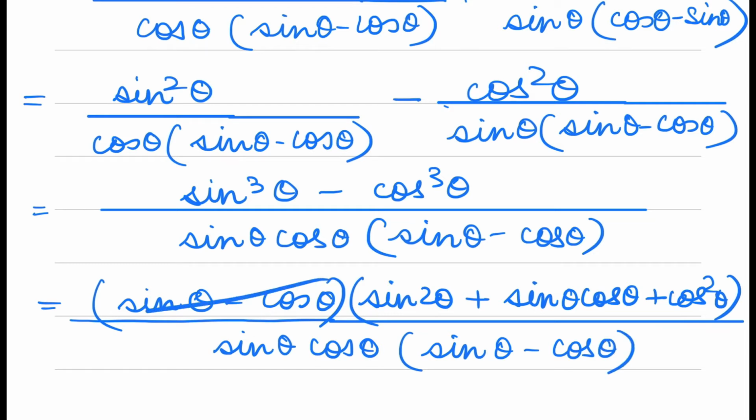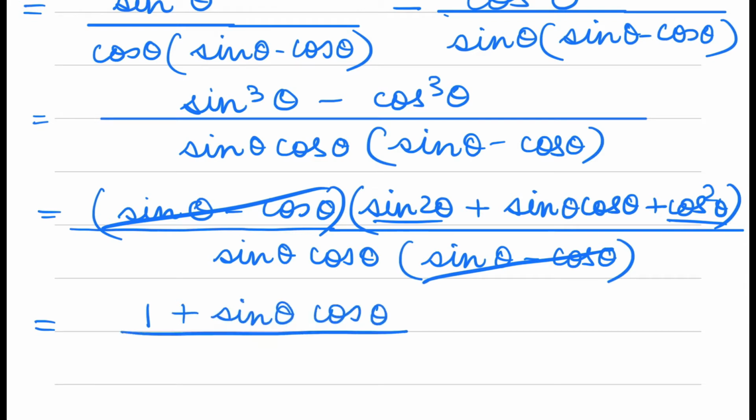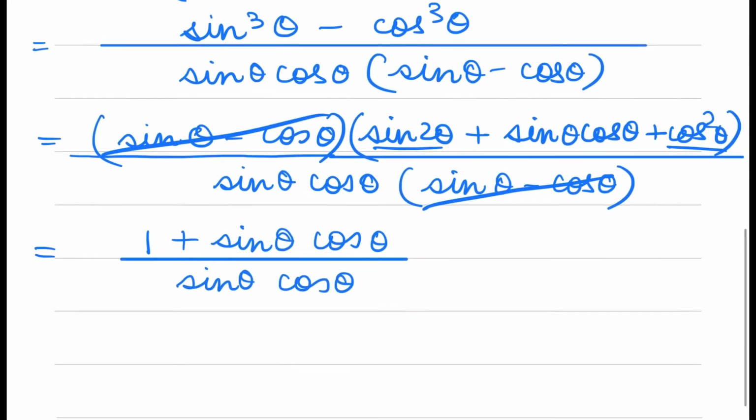Now sin theta minus cos theta gets cancelled with sin theta minus cos theta in the denominator, and also sin square theta plus cos square theta will be 1, plus sin theta cos theta, divided by sin theta cos theta.